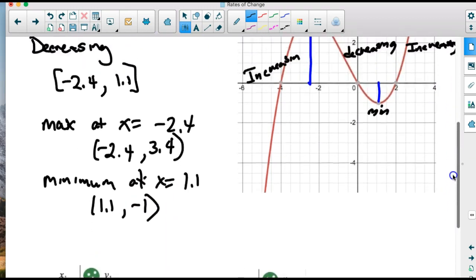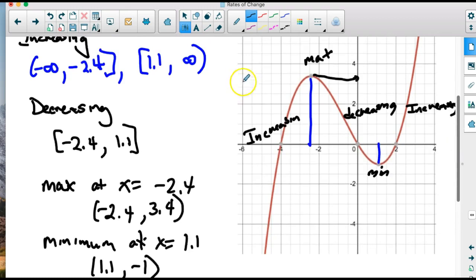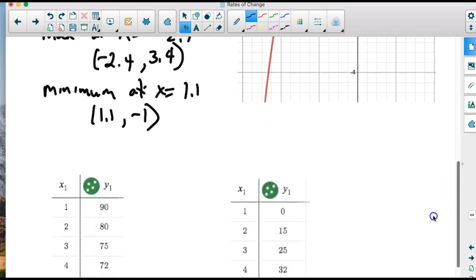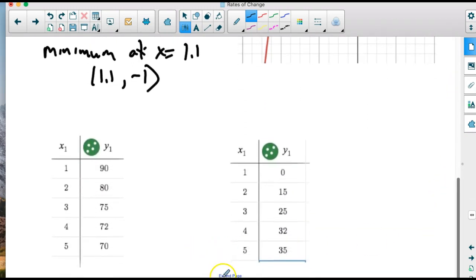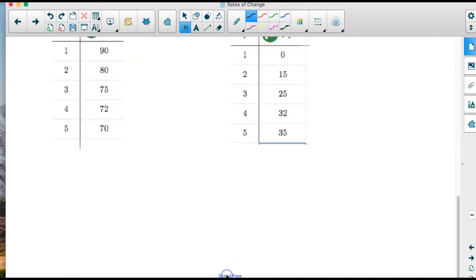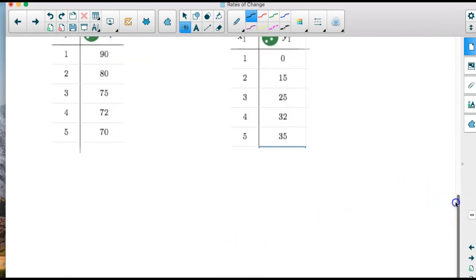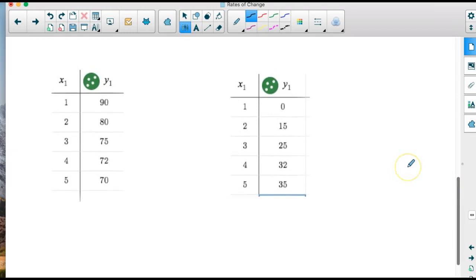All right, so when you're looking at the graph, you're going to look for moving right, whether it goes up or down. But when we're looking at a chart, I've got a couple other examples here. We're going to be looking at a chart and seeing if we can find a max or a minimum, or whether it's increasing or decreasing. So if we're looking at this chart, these values go up the same amount.